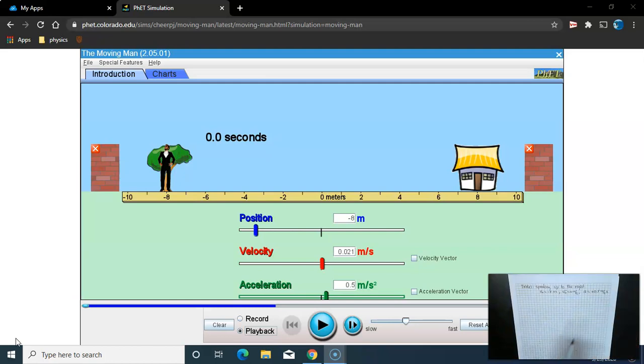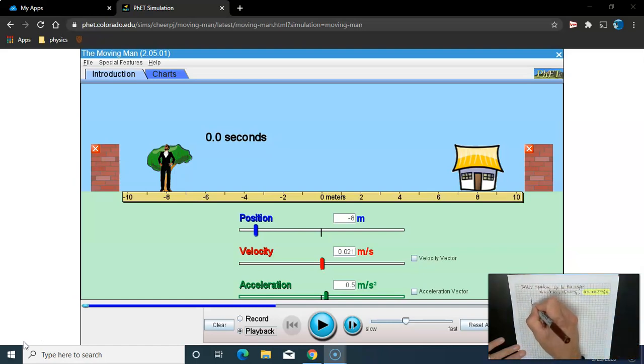This acceleration is what was different from the previous lab. In the previous lab, the acceleration was kept at 0, and in this lab, the acceleration is positive. The guy is going to speed up to the right. If the acceleration is negative, the guy speeds up to the left.